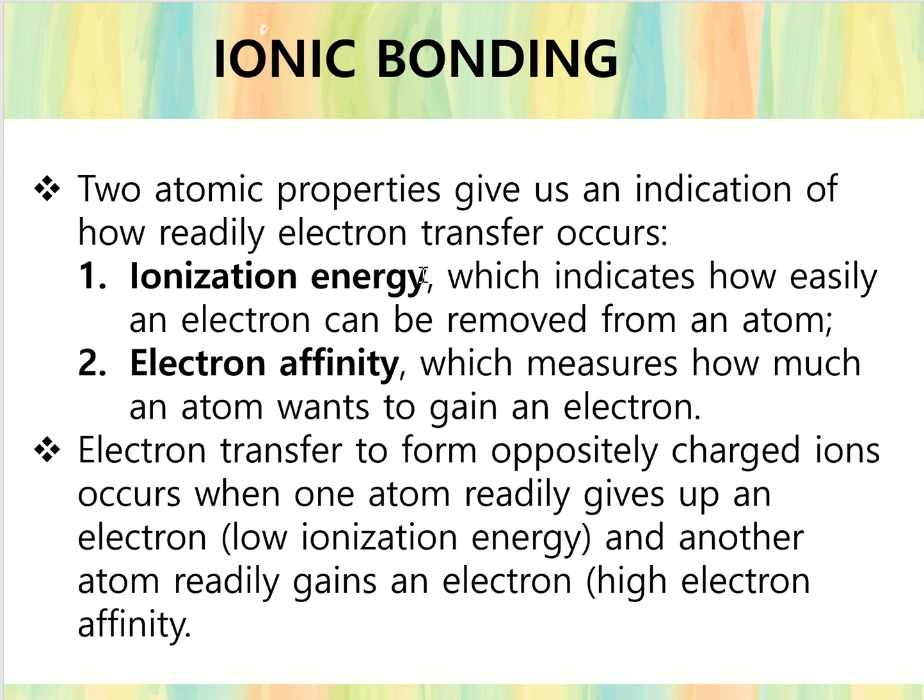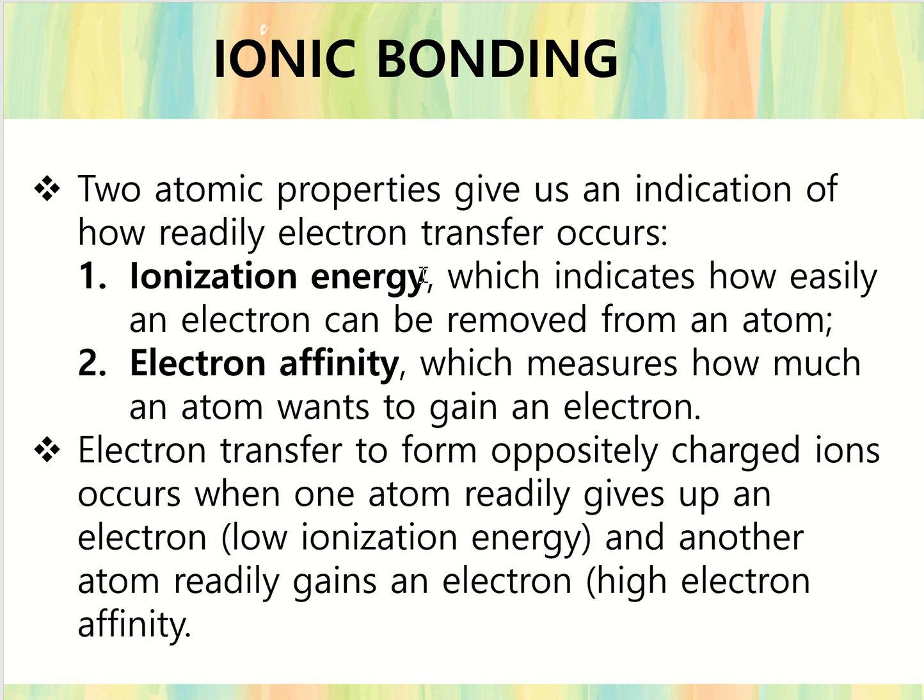We want to know how easily that will happen, and the ionization energy will give us that information. For the electron affinity, we want to know how much an atom like chlorine wants to gain an electron, and the electron affinity will give us that information.